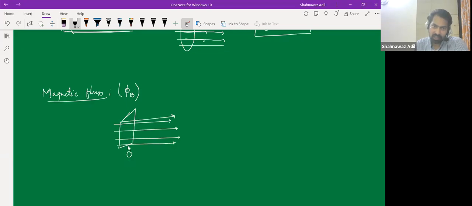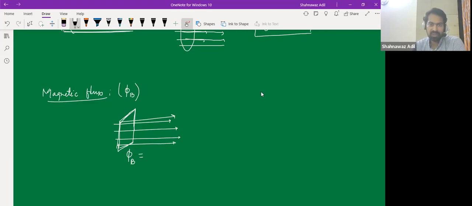So in case of this diagram, what is the magnetic flux? Okay, so I have this diagram. This is some surface area and these magnetic field lines are passing normally to it. So I'm asking, how much would be the magnetic flux?